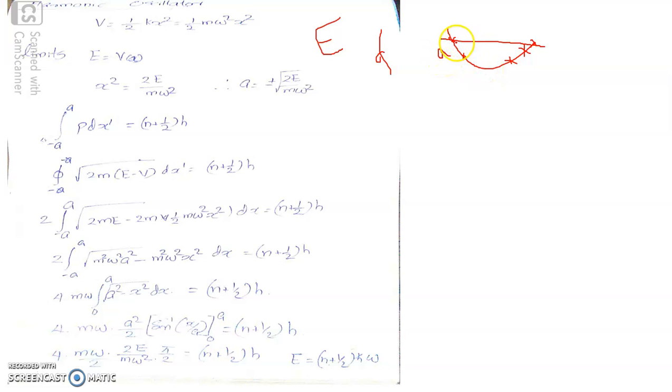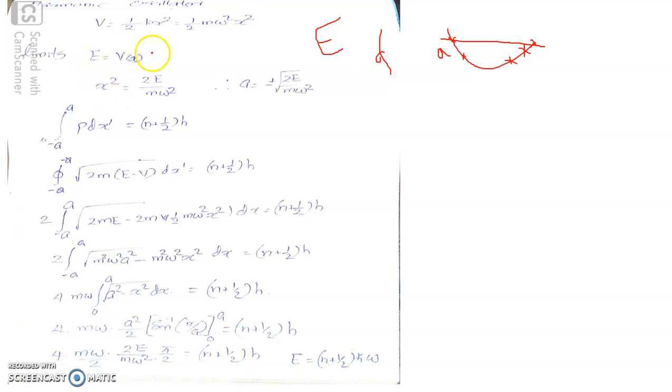So I require these two extreme points, as these points happen to be the limits of integration as long as the Bohr-Sommerfeld quantization rule is concerned. For that, I'll have to take the condition for the turning point. It is the point at which the total energy meets the potential energy.